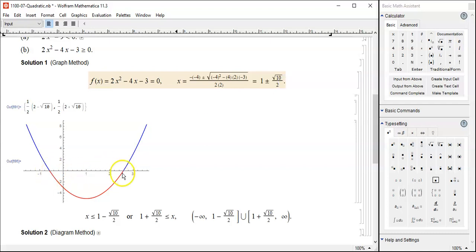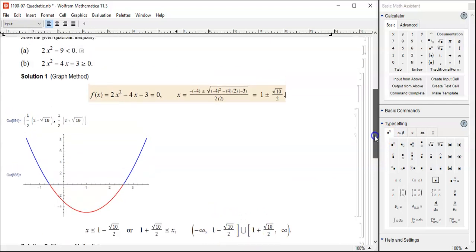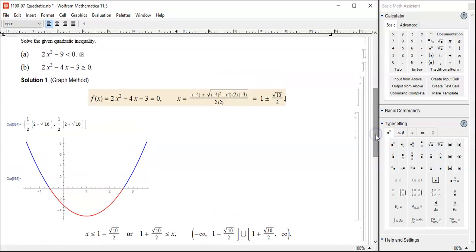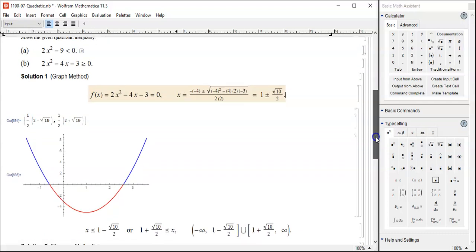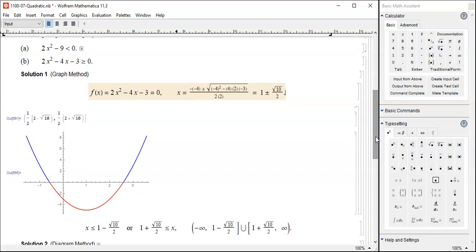So from here to there, and I want the left-hand side and right-hand side, so negative infinity to (1 minus square root of 10)/2, and (1 plus square root of 10)/2 to infinity, like that. So when we don't have integers, it's still okay. Factorization may not always be possible, but it doesn't really matter. Graphs really help. And once you have those graphs and the idea, find out the zeros by quadratic equations or whatever method.